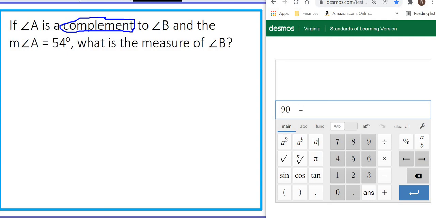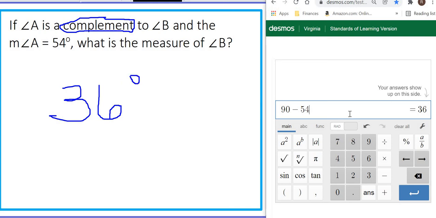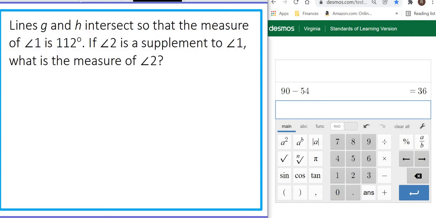Well, if they are complements, I know they equal 90. And if I know one is 54, that means the other angle must be 36 degrees. And if I wanted to check to make sure I was right, I could add them. 54 plus 36 gives me 90, so I know I'm correct.